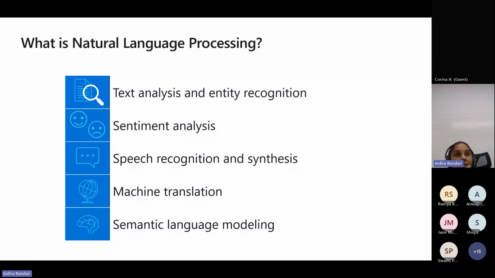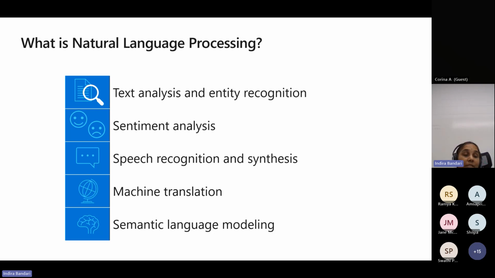So when somebody is speaking to you in their native language, like Japanese or Chinese, you can use a machine translation service so that it translates what they are saying in Japanese or Chinese, because you don't know Japanese or Chinese, and then it will translate to your spoken language, which can be English, German, French, whatever it can be.